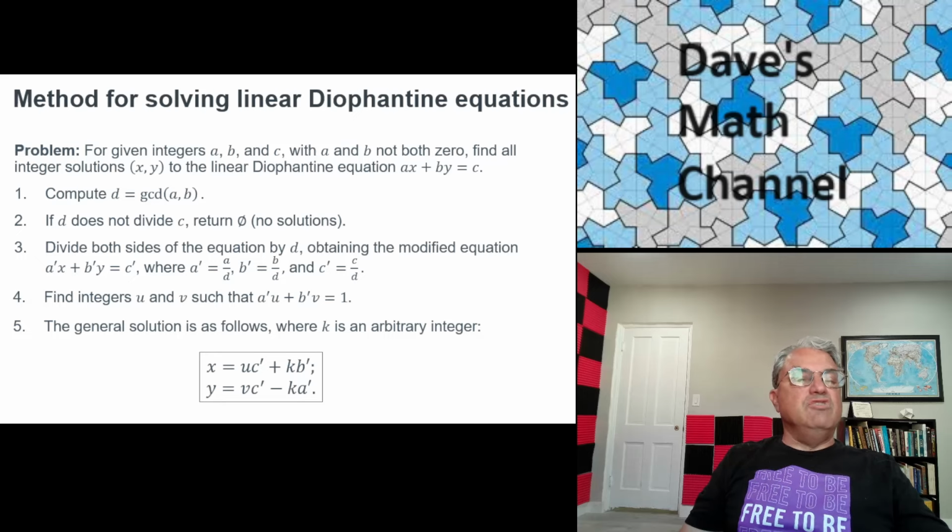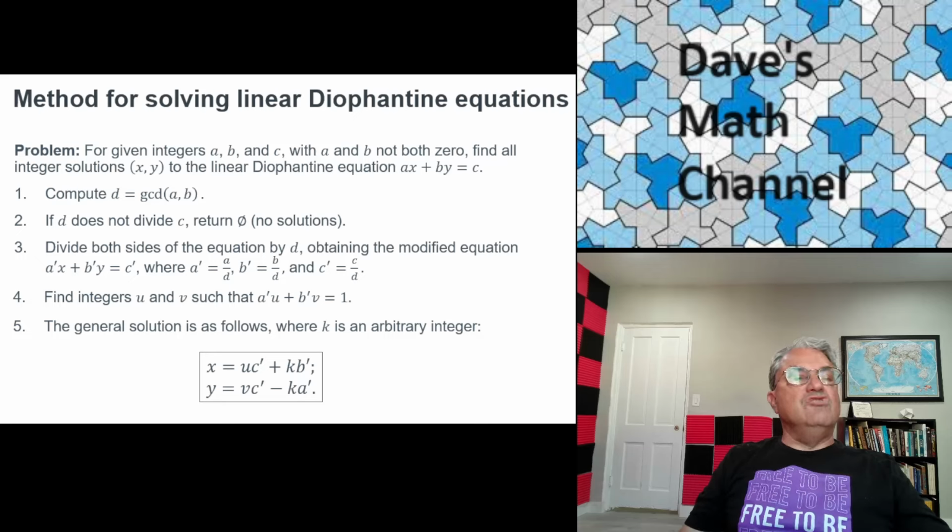In the examples I'm going to give today, you can find u and v by inspection. Sometimes it's not hard to do that, especially if a prime and b prime are small. But if a prime and b prime are very big, you have to use another method called the extended Euclidean algorithm, which is a pretty complicated algorithm. I'm going to explain that in a future video, maybe in the next video.